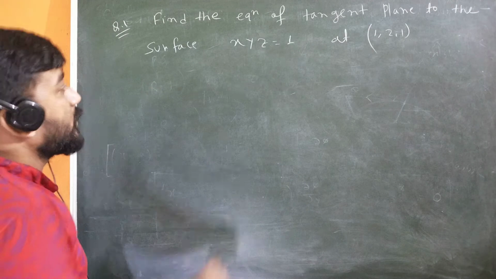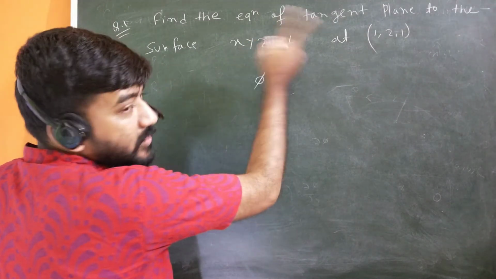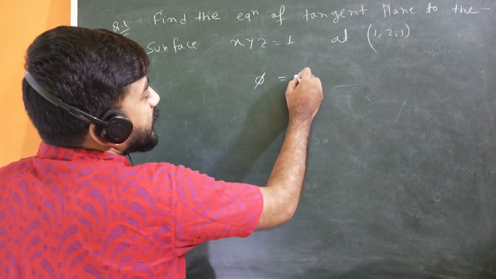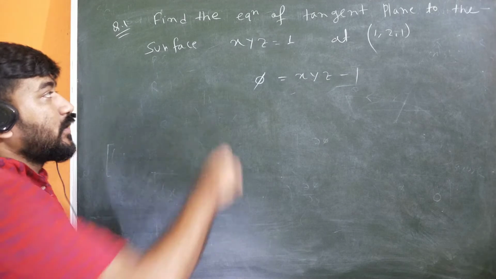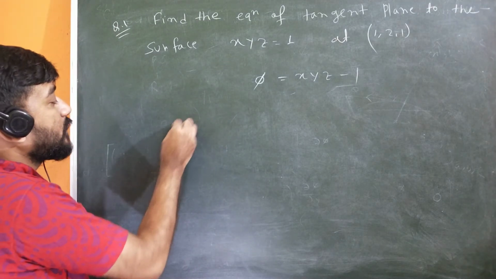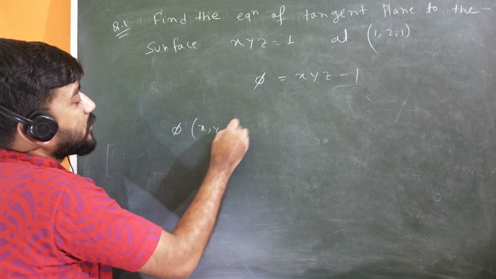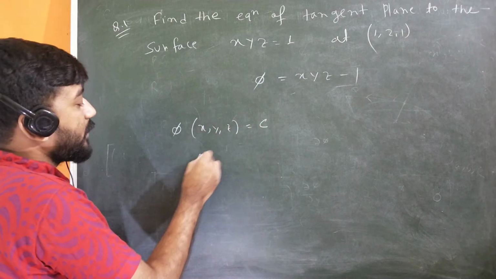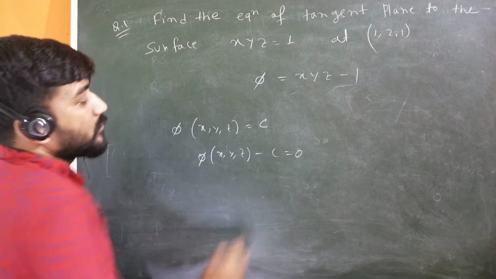So what you have to find is phi. Here phi is just xyz; you can say phi(x,y,z) is equal to a constant. If you write the level surface, you can write it in two different ways: phi(x,y,z) is equal to c, or phi(x,y,z) minus c is equal to 0.